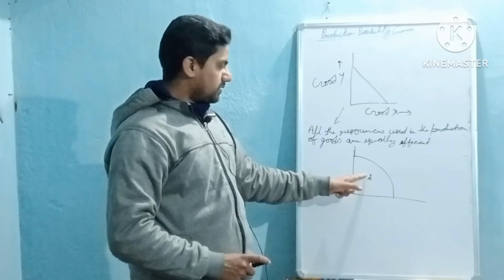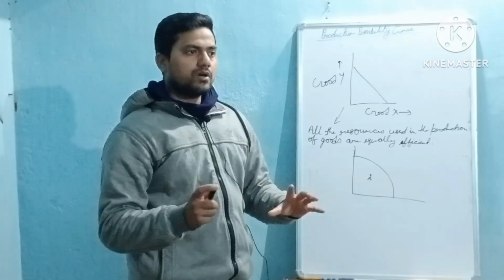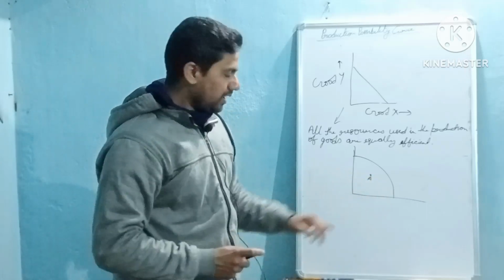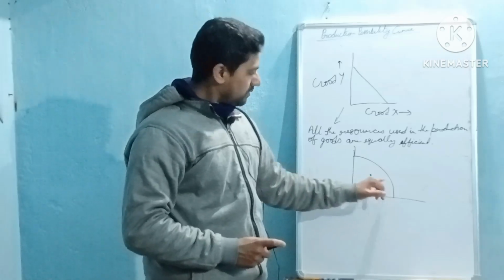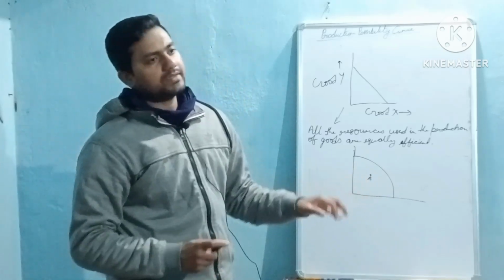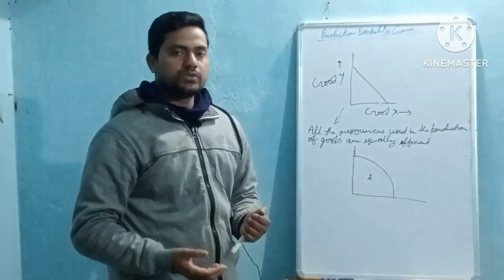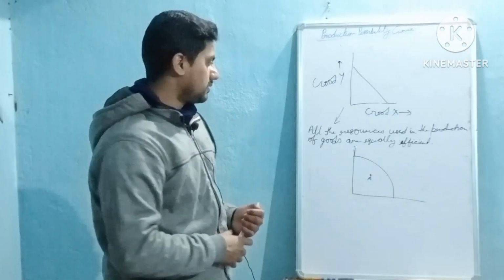But if any production combination is inside this region, not on the curve, then we can say that resources are used inefficiently, not in an efficient manner.